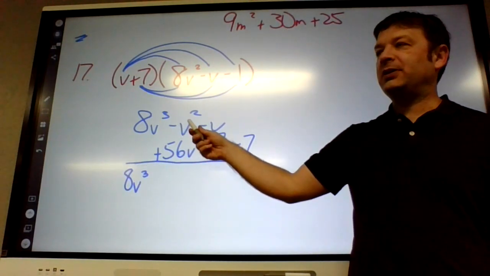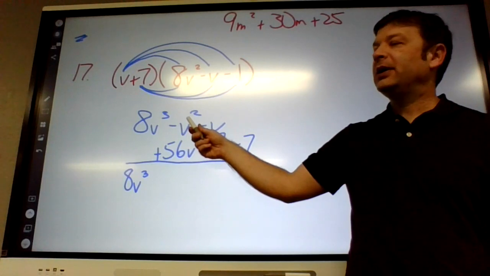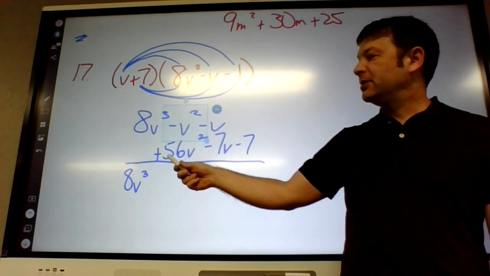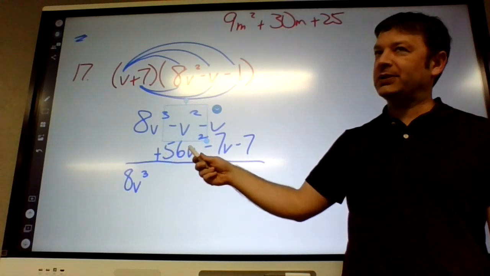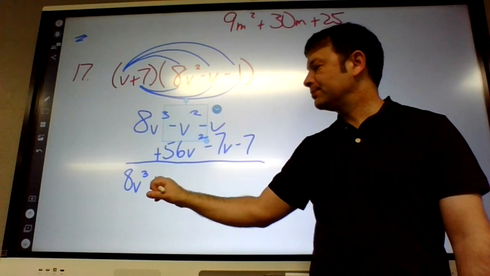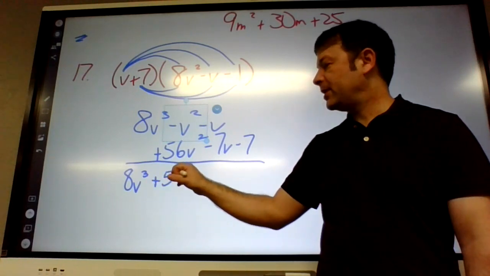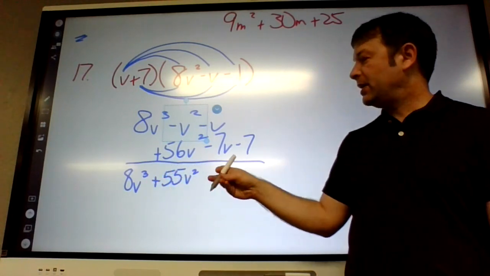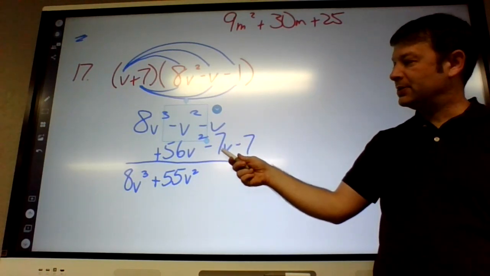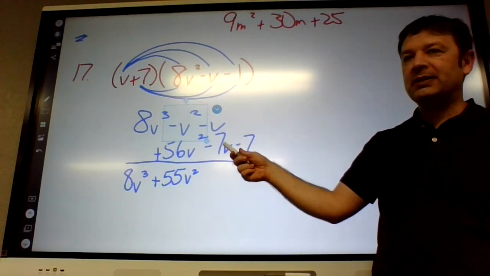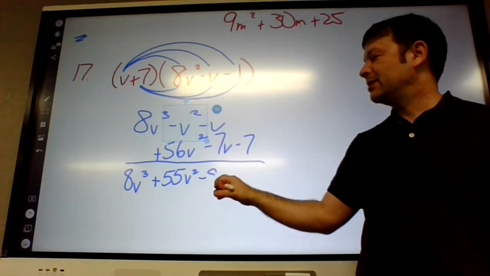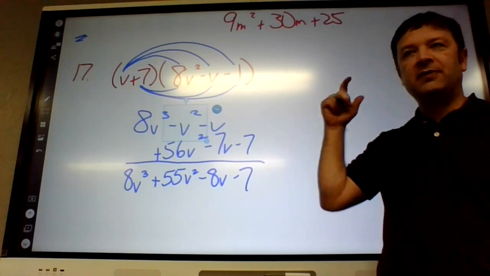So this is basically negative 1v squared plus 56. So what would that be? Yeah, positive 55. And this would be negative 1 minus 7. And the minus 7 is by itself.